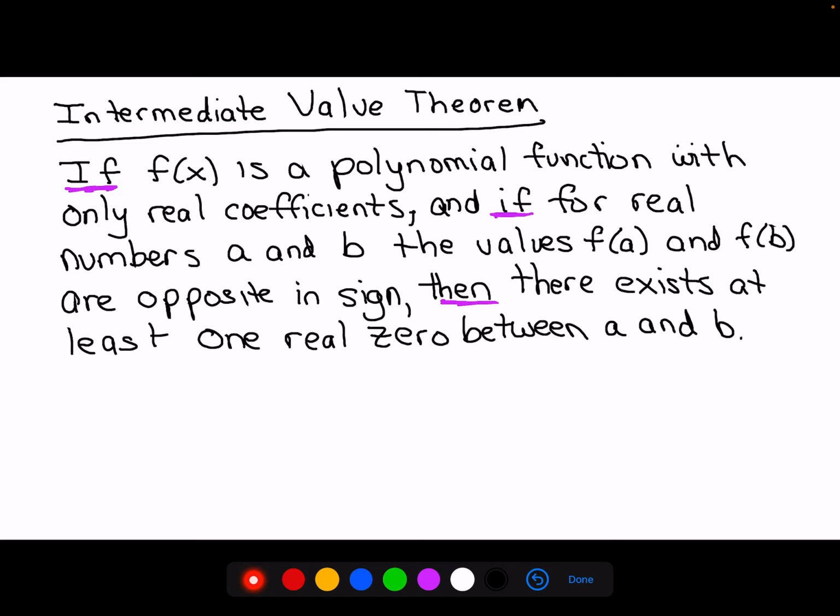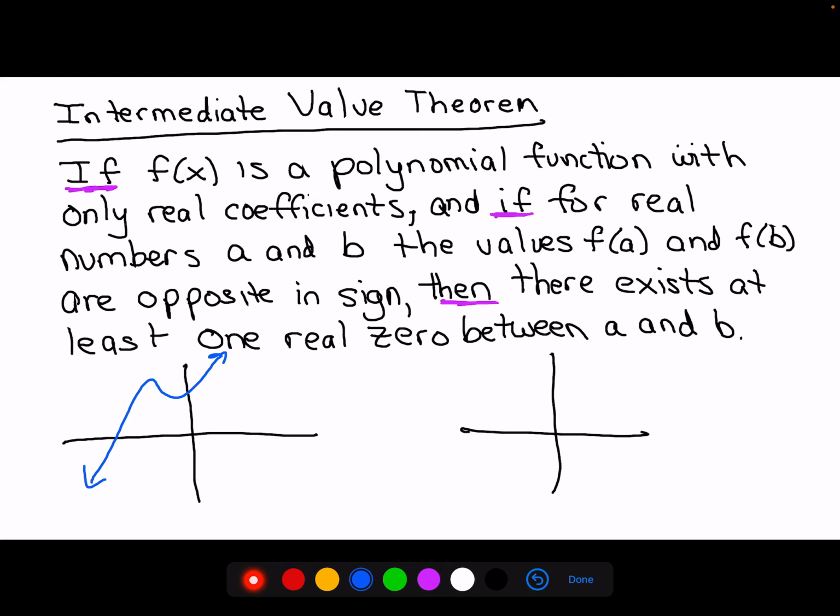So if you think about it, think about what's happening here. If you have a function that looks like this, and let's say that your a is here and your b is here, if you plug in a, you're going to get a nice negative number for your result.